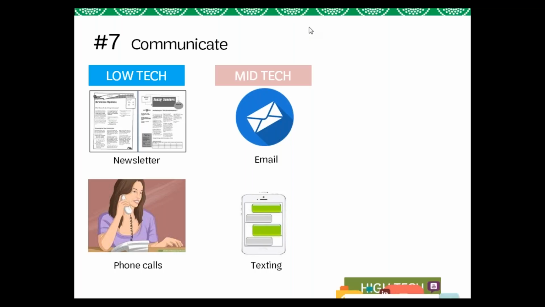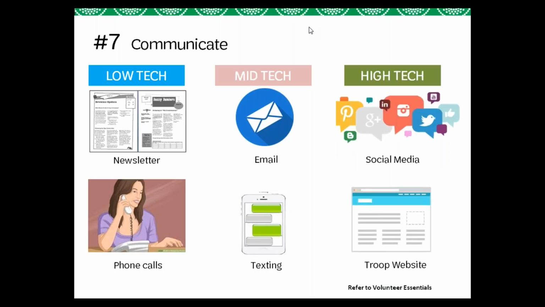There are high-tech ways of communicating also. So the first one is social media. There's tons of social media platforms out there. The most common one is Facebook, but you have Instagram, YouTube. They're free, they're relatively easy to create, and they can be set for members only and have different privacy settings.